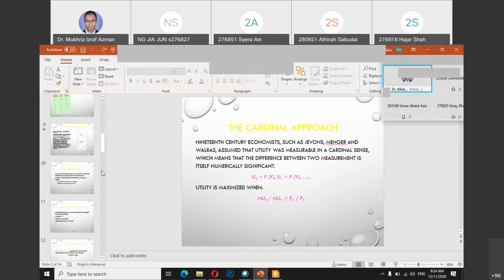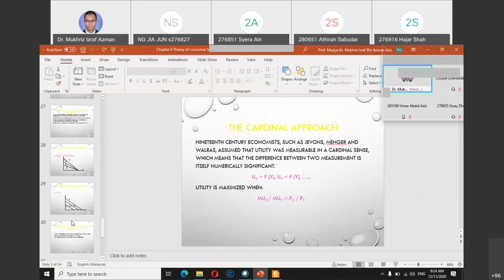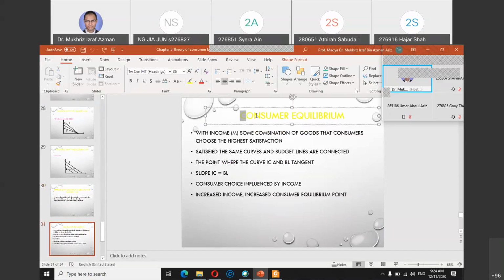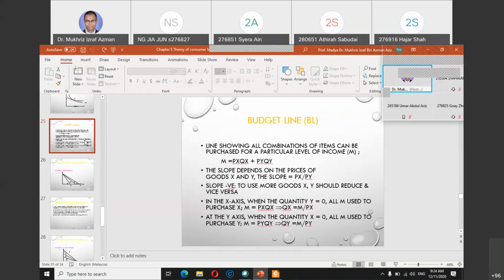So when we go to this slide here, consumer equilibrium, we look at the formula just now, MUx per Px equals MUy per Py, and you combine it with what you learned on the budget line.